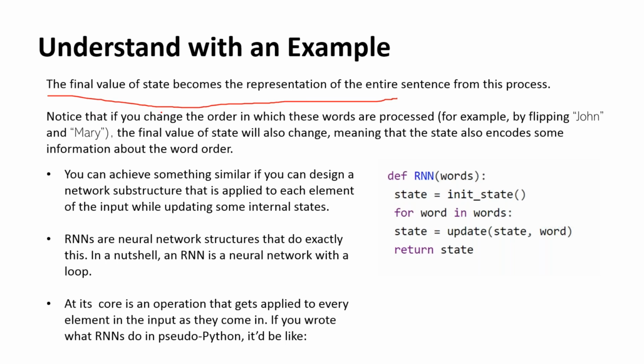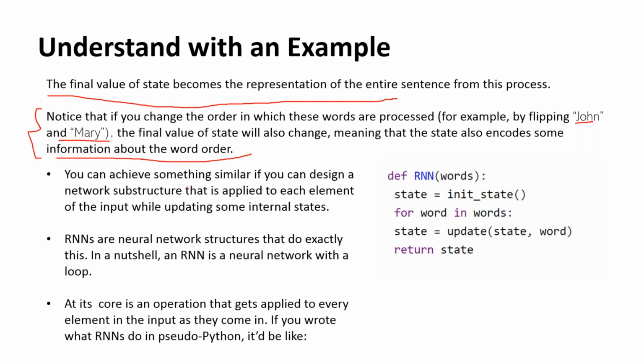That's very important to understand. If you notice here, if you change the order in which these words are processed, for example by flipping John and Mary, the final value of state will also change, right? Meaning that the state also encodes some information about the word order. So the word order or the sequence matters here.